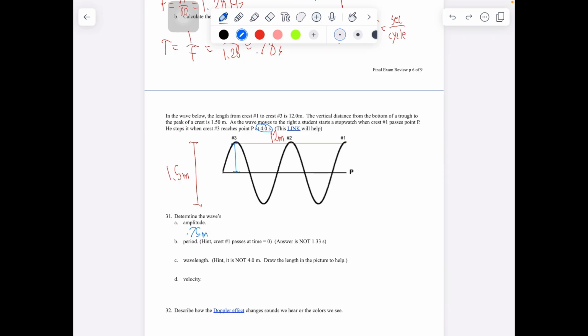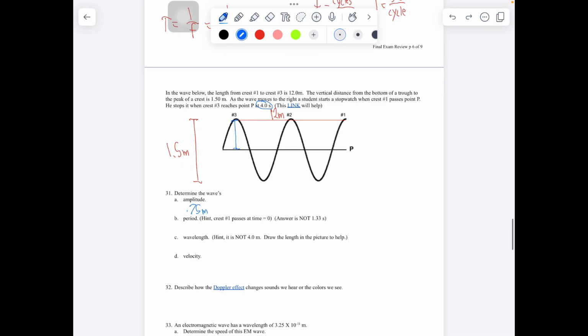So there's a cycle at 2 seconds when crest number 2 has moved all the way to where number 1 is, point P. It takes 4 seconds for number 3 to reach point P. So every cycle is happening once every 2 seconds.